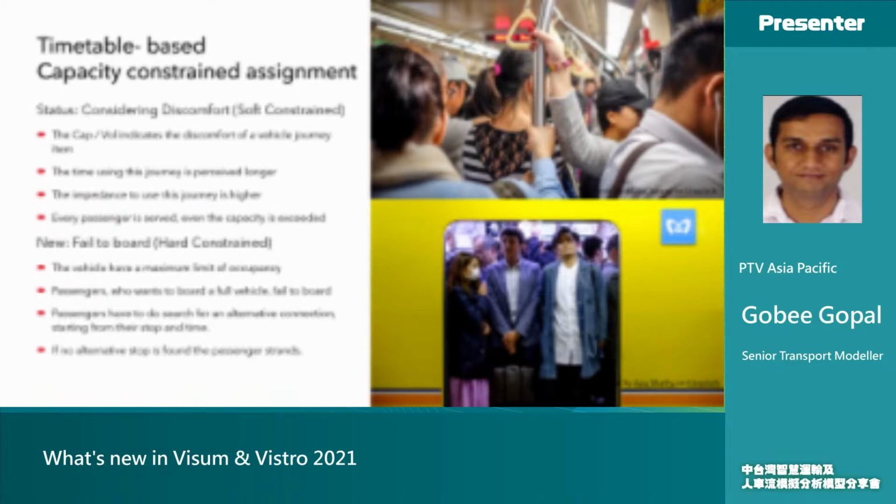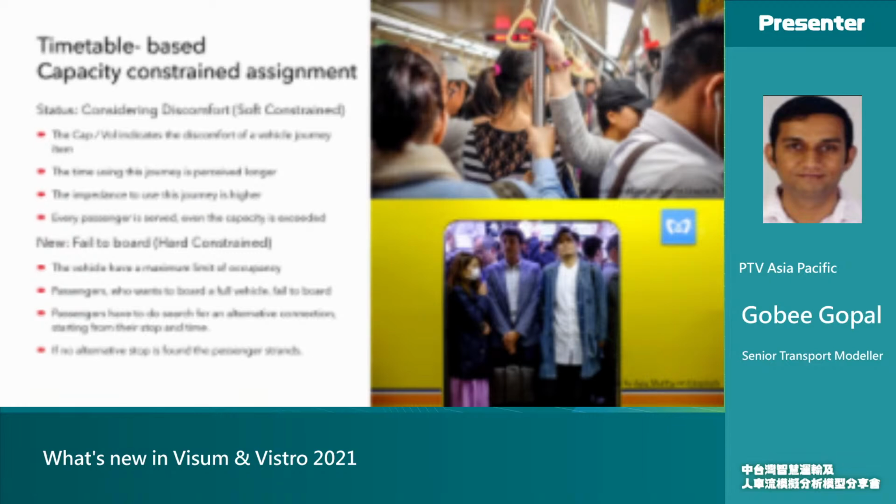VISUM will stop if the passengers waiting to board exceed the current capacity of the vehicle. The vehicle has a maximum limit of occupancy. Passengers who want to board a full vehicle fail to board. Passengers have to search for an alternative connection, starting from their stop and time.